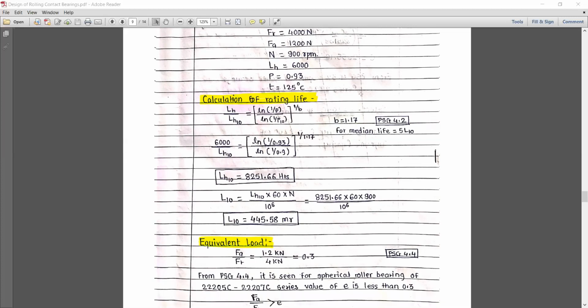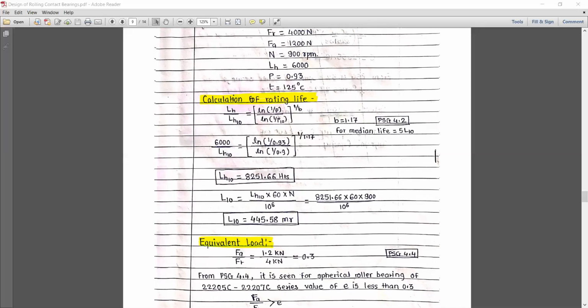So the expected life, that is LH, is equal to 6000, and the life for 90% probability of survival is LH10. Putting all the values of probabilities and the value of b, we get the life for 90% probability in hours equal to 8251.66 hours.